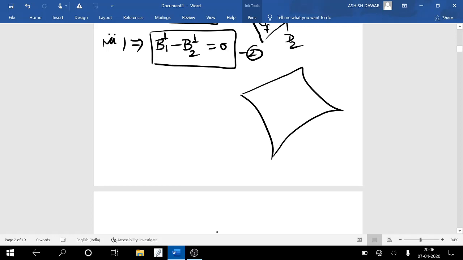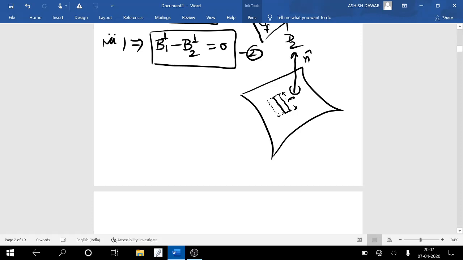The length of this is L. So again we have two surfaces, and this is our unit vector n cap.